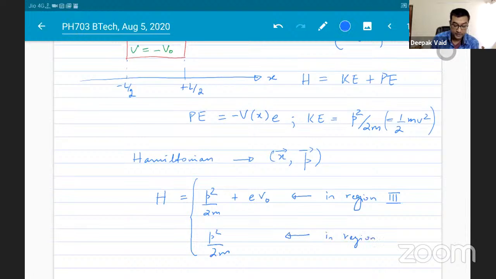The potential is 0, right? In regions 1 and 2, okay?